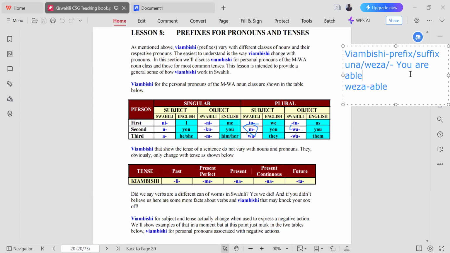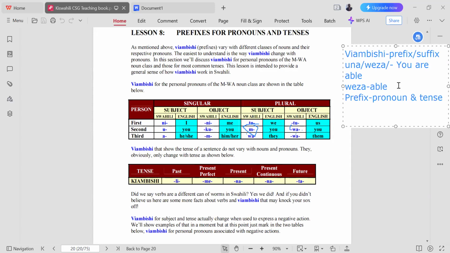Now, anything before the verb becomes the prefix. And these prefixes are made up of a pronoun and a tense in this case.